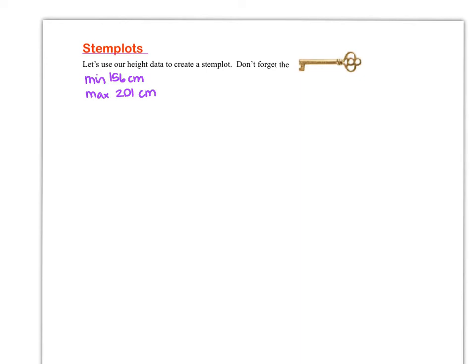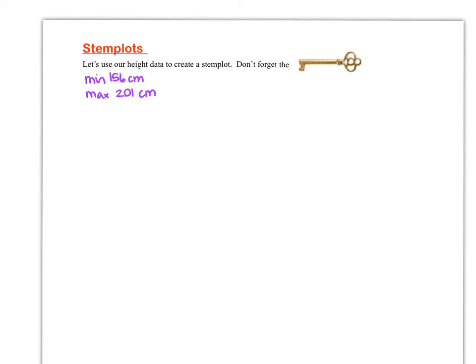So we're going to need to make sure that our stems start in the 150s and end at the 200s. You'll see exactly what I mean when we set up our stem.